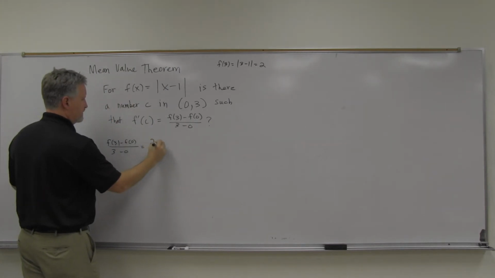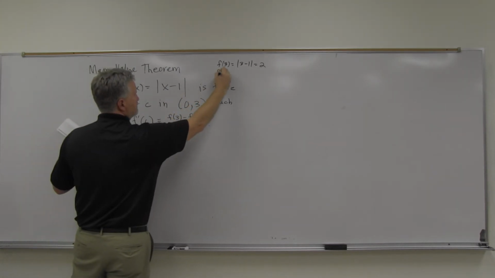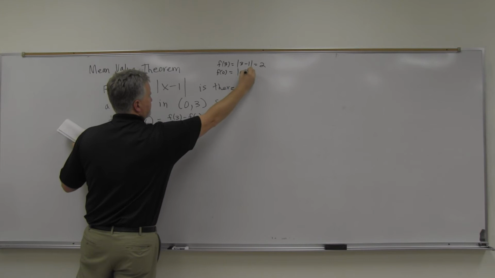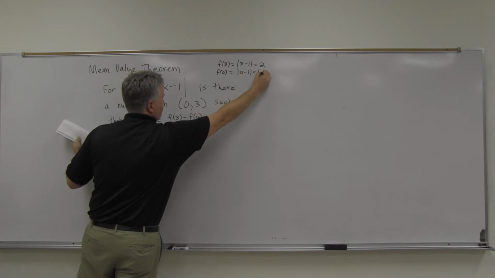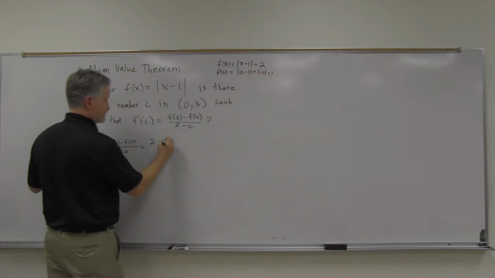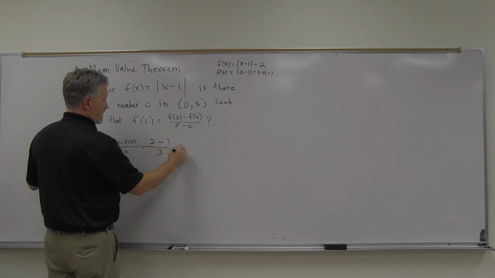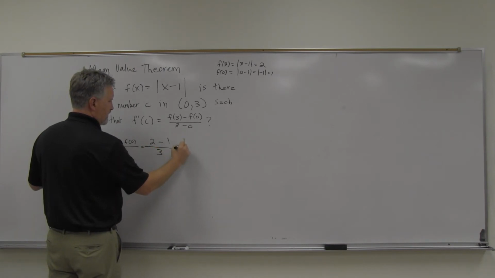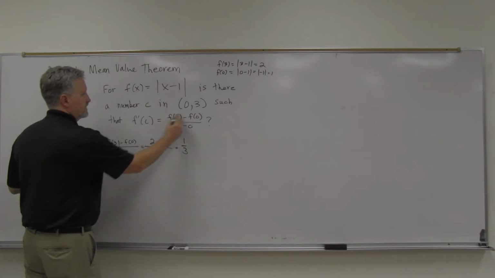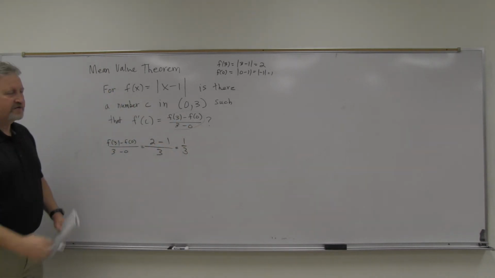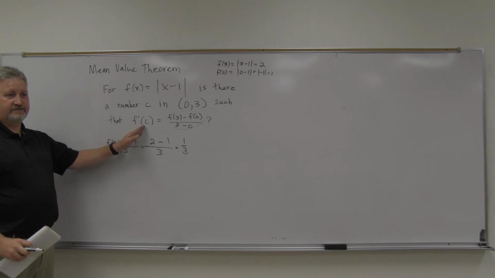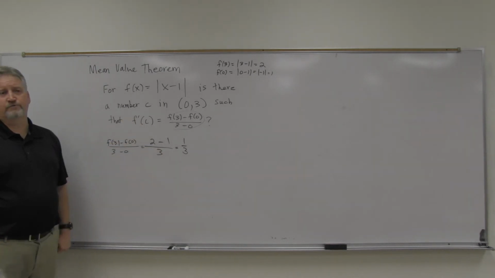F of 3 is 2. F of 0, absolute value of 0 minus 1, that's absolute value of negative 1, which is positive 1. So the top's 2 minus 1, the bottom's 3 minus 0, 3. It's 1/3, right? So is there a c value so the derivative equals 1/3?